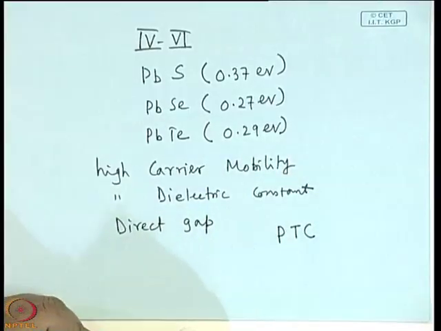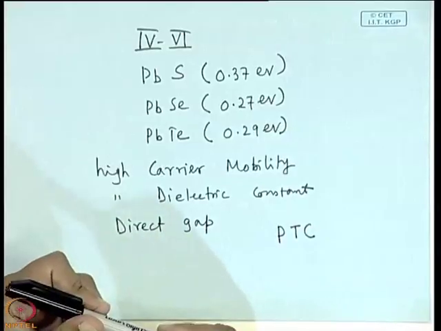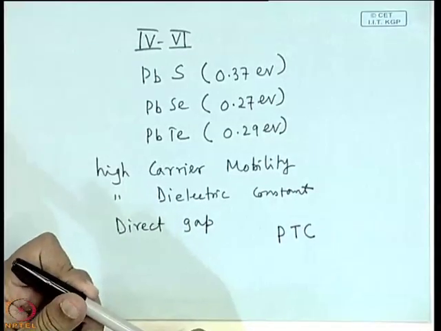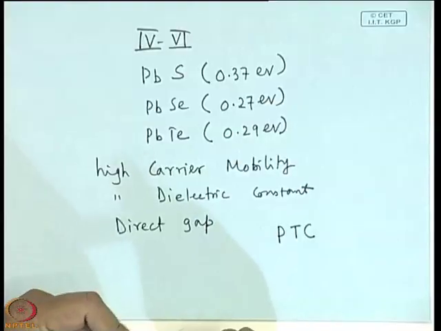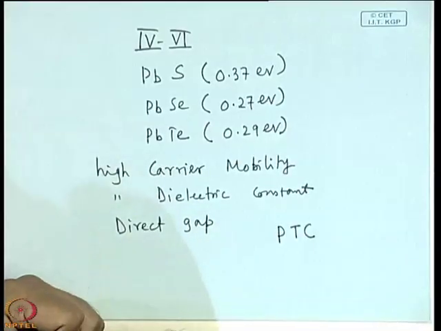What is positive temperature coefficient of band gap? Generally, at room temperature, the band gap value is 1.1 electron volt for silicon. If you decrease the temperature, the band gap will increase, or if you increase the temperature, the band gap will decrease.